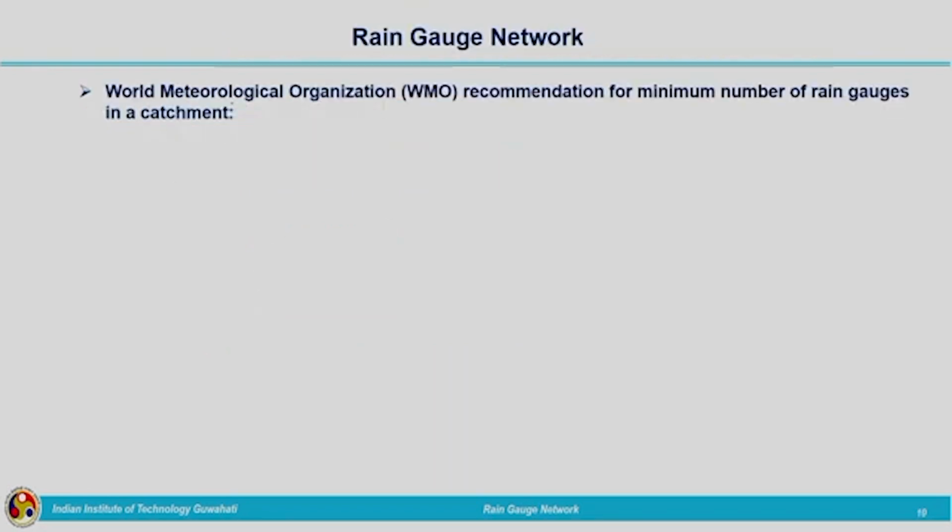WMO, that is World Meteorological Organization, has given certain recommendations for the minimum number of rain gauges in a catchment. Depending on the topography of the area, some may be flat areas, some undulating, hilly or mountainous areas, so different locations will have different topographic features.